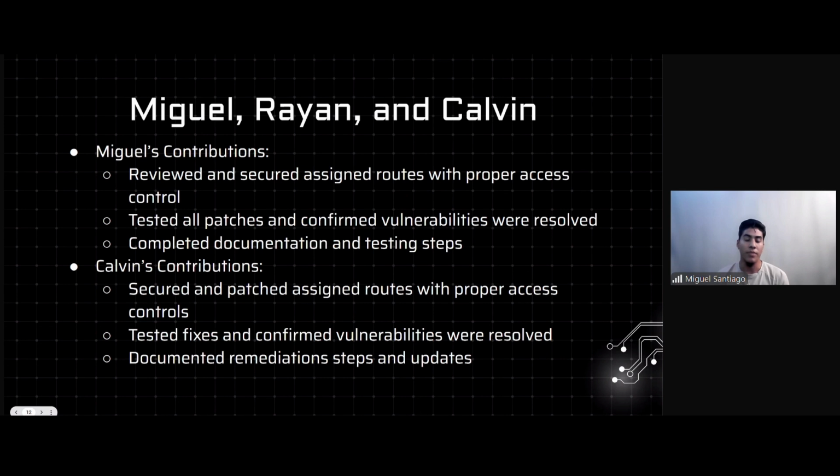Then I tested the patches prior to fixing them and then after to see the changes, which confirmed the vulnerabilities were resolved. And then I completed documentation and testing steps. For me, I also secured and patched the assigned routes with the proper access control, and tests to confirm the vulnerabilities were also resolved. And I also documented the remediation with the steps and the updates.